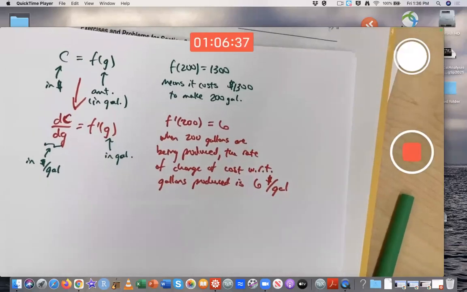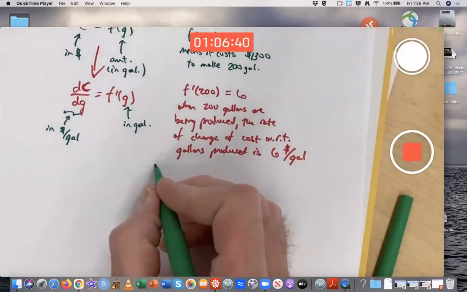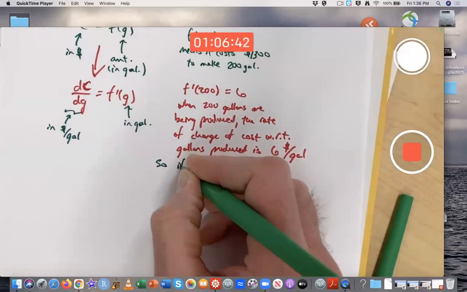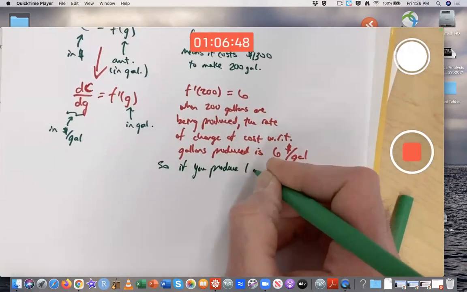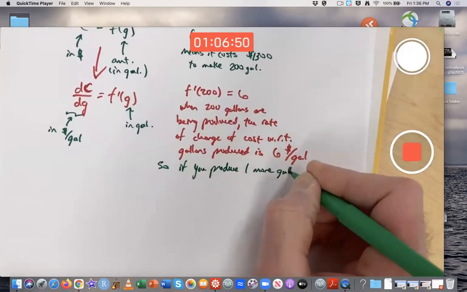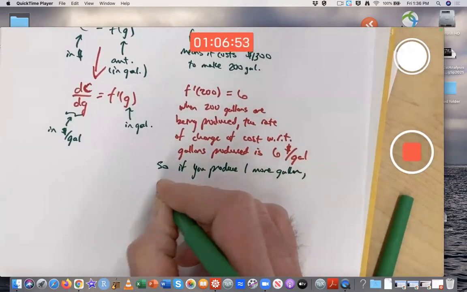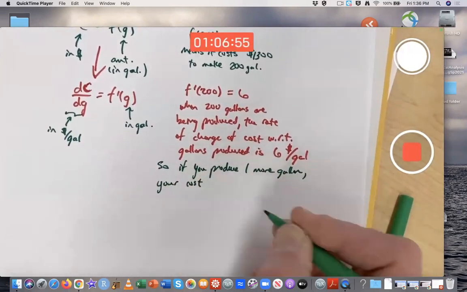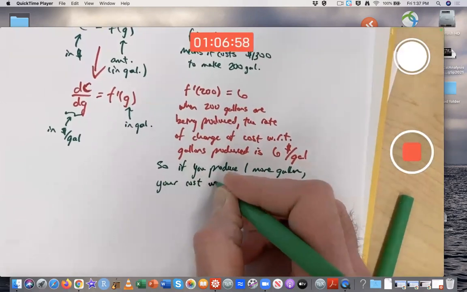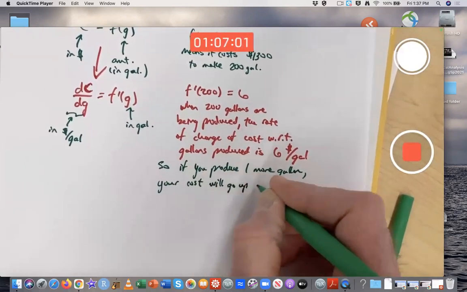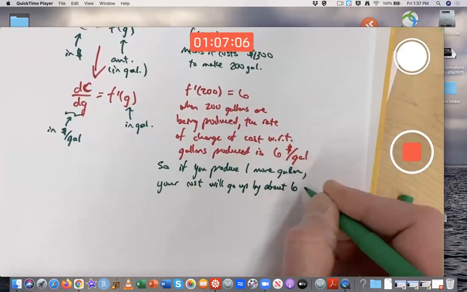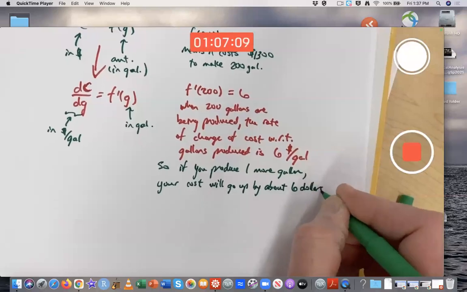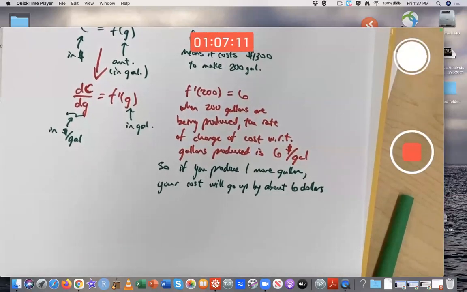But what does that really tell you? So, if you produce one more gallon, your cost will go up by about $6. And it is an approximation. It's a linear approximation. And that means we can actually even write down what the cost is approximately.